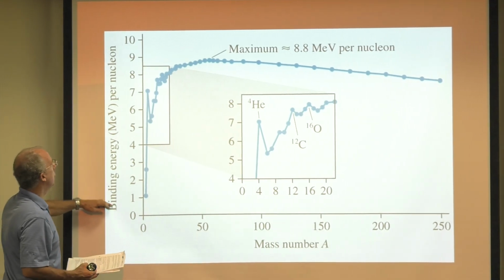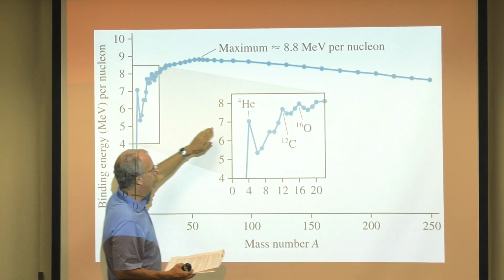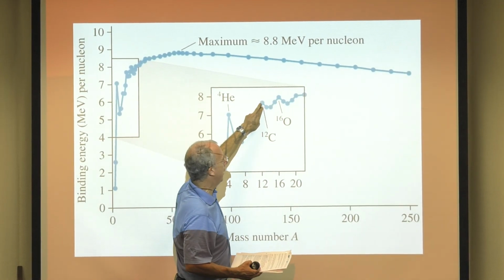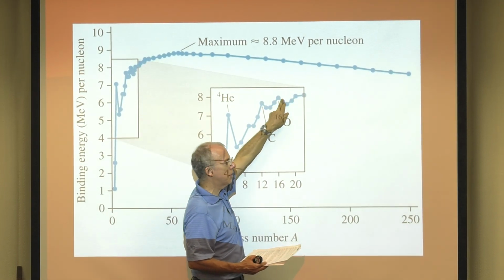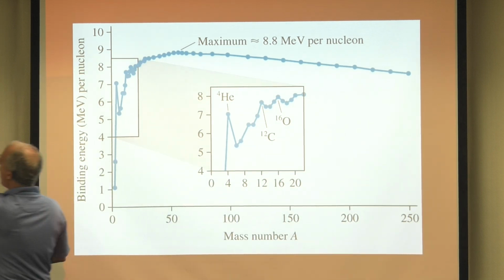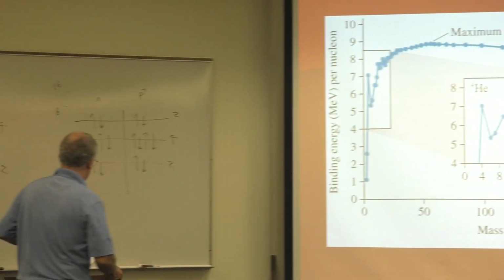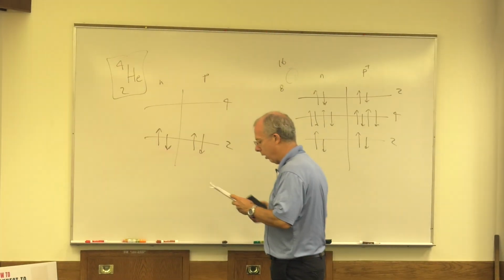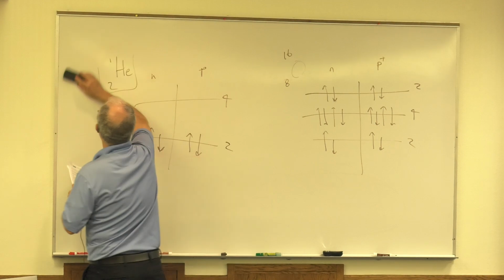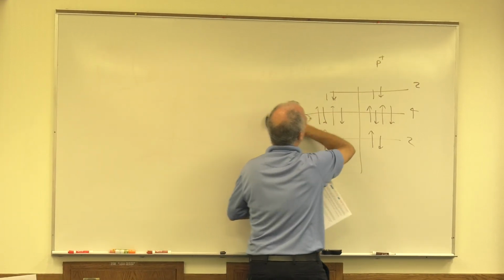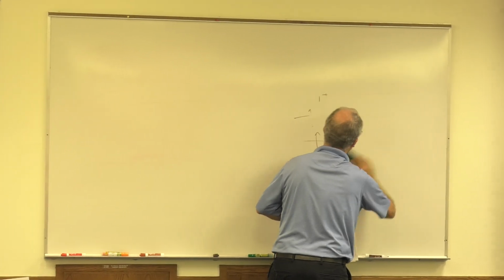This was the binding energy per nucleon, and we saw that helium was super high binding energy, carbon-12 high binding energy, oxygen-16 high binding energy. Well, that's why, because all their shells are full. On the other hand, let's do one that's not the case. In other words, their shells are not full.